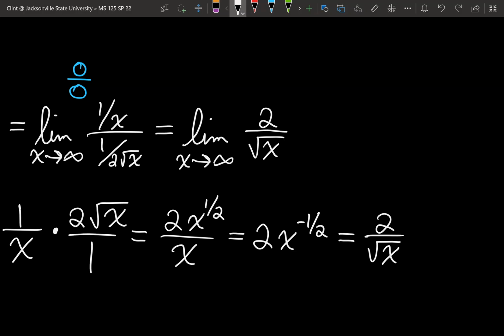That we can find. Because this is not indeterminate anymore. We've got 2 over infinity. It's been a while since we've done those. You remember if we have a number over infinity? Number over a power of x? Yeah. That is 0. See?